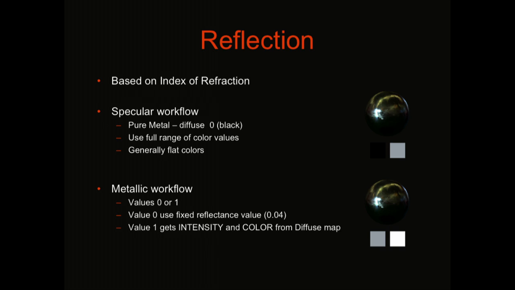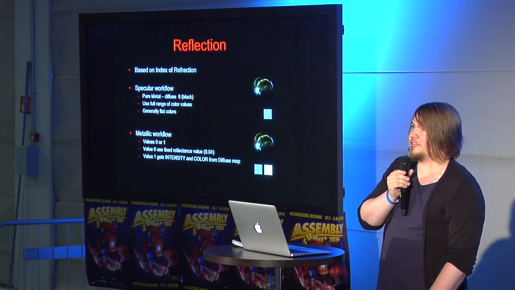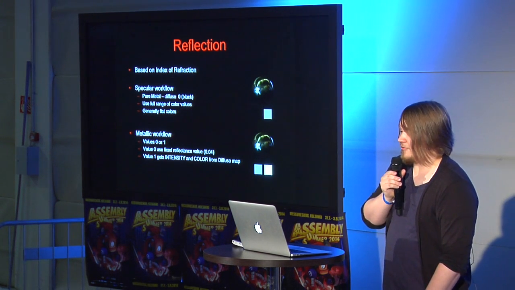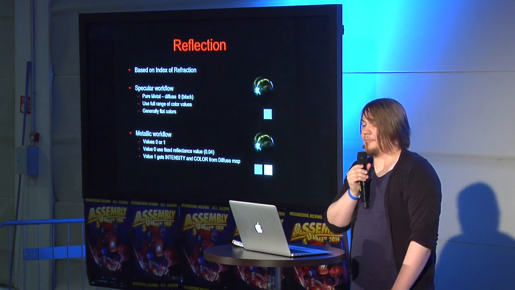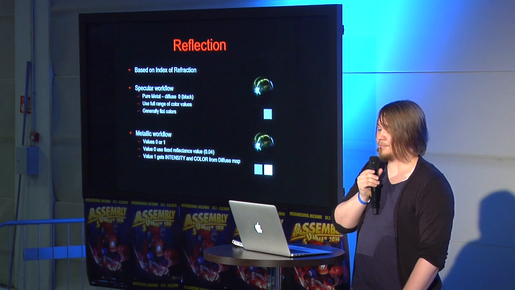So there's the specular workflow, which is quite common to the traditional model with the specular maps. The biggest difference is that if you have a pure metal material, the diffuse should be set to black or 0, and the specular map uses a full range of colors. The specular map defines the intensity and color of the reflection, just like in the traditional model.